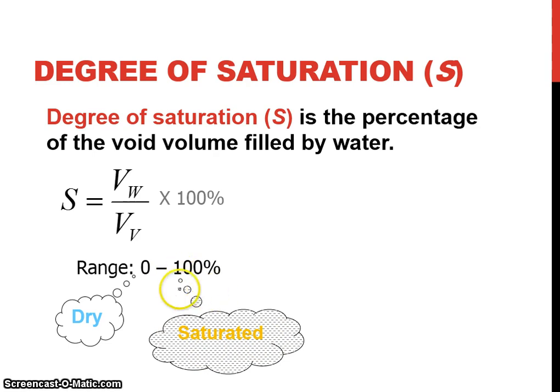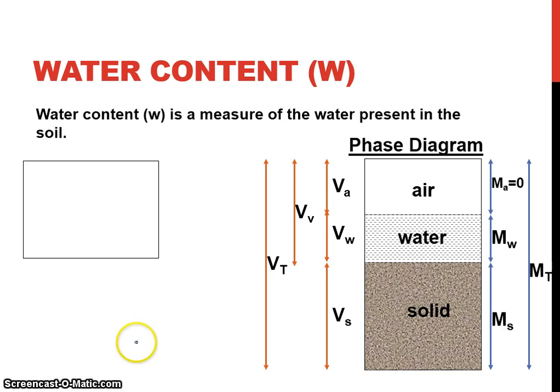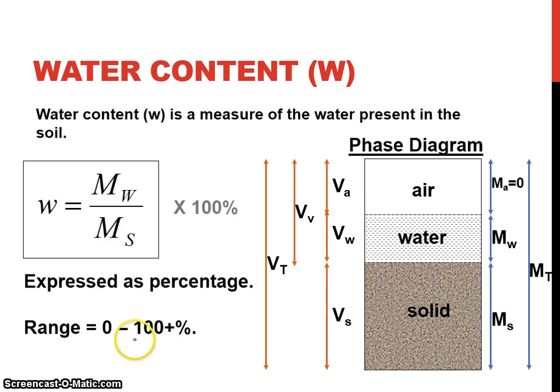Sometimes S equal to 100 can also be represented as S equal to 1. So 0 to 1 or 0 to 100. And water content is similarly also expressed as a percentage, 0 to 100, either in the weight term or mass term.